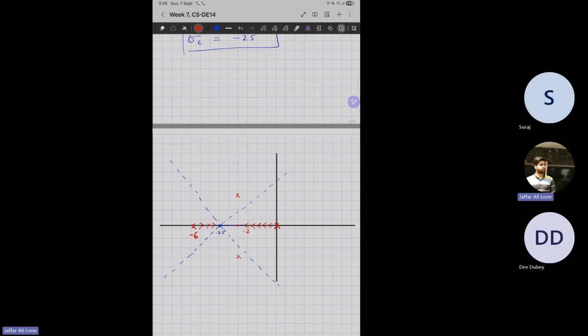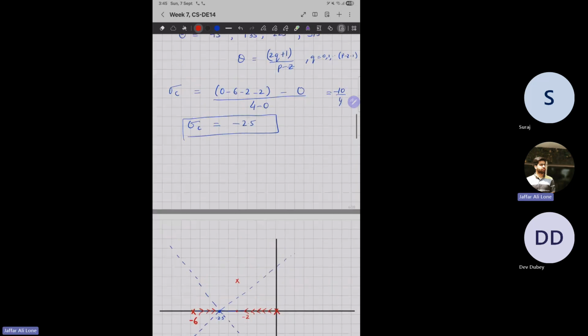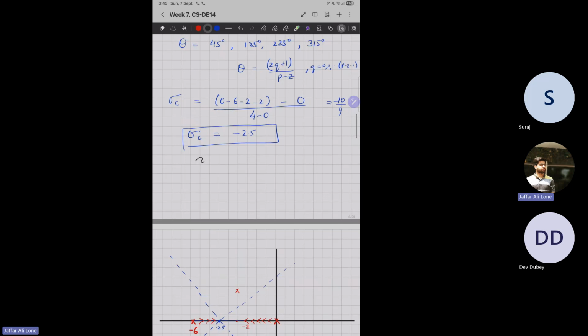So now there has to be a breakpoint. So we will find that breakpoint. How will we find that breakpoint? We will find the breakpoint from the expression of k. So if we find the expression of k, we will get expression of k as minus s to the power 4 plus 10s cubed plus 37s square plus 78s. And if we differentiate it with respect to s and put equal to 0, we will get some equation, and finally we will get the value of s which is satisfied.